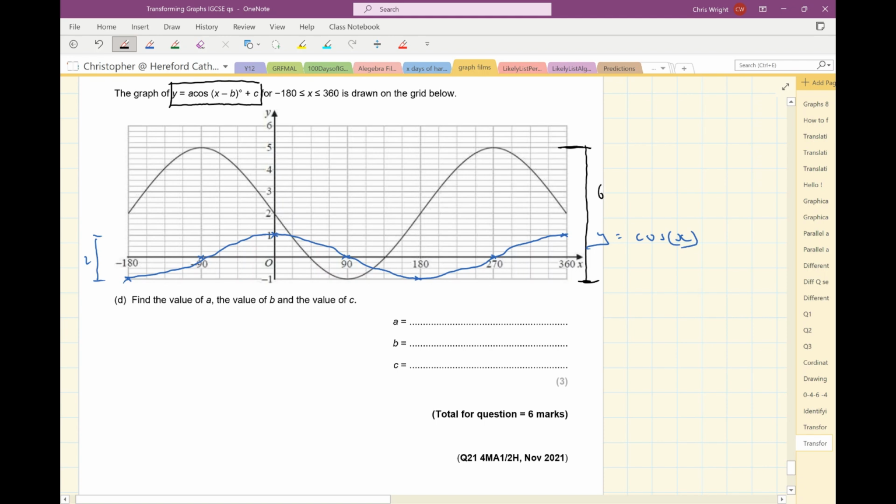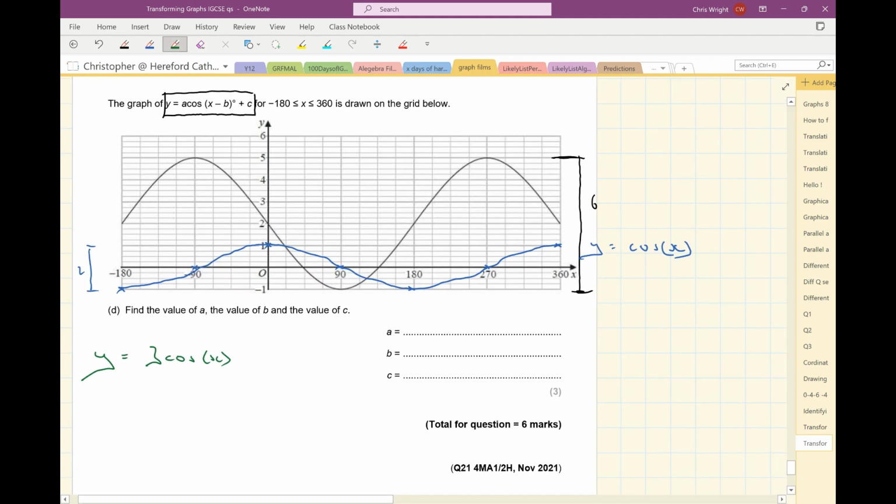So I'm dealing with a vertical stretch of 3 in the y direction. So the first thing I'm going to be looking at is y equals 3 cos of x. So let's transform our blue curve to give us y equals 3 cos of x. I'm going to stretch the blue curve by a factor of 3 in the y direction.